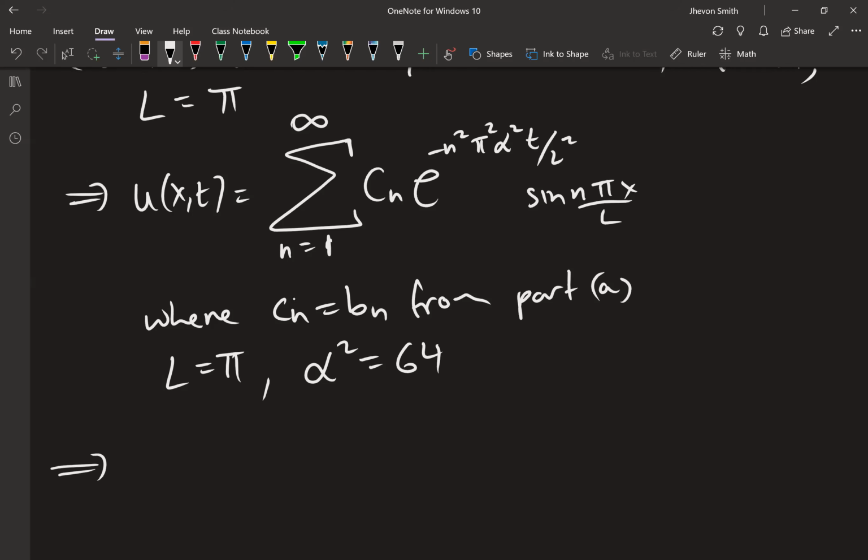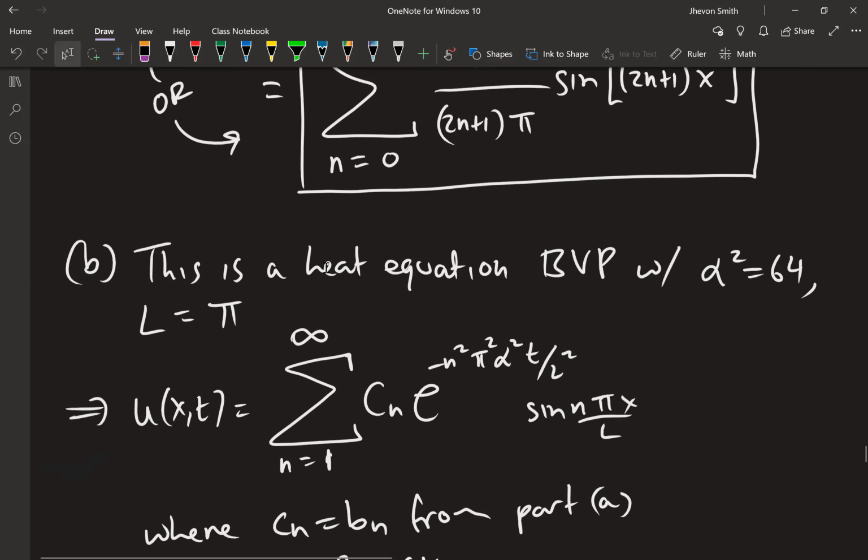This would mean that my u of x,t equals, just caring about the odd integers, 4 over n pi, if memory serves.